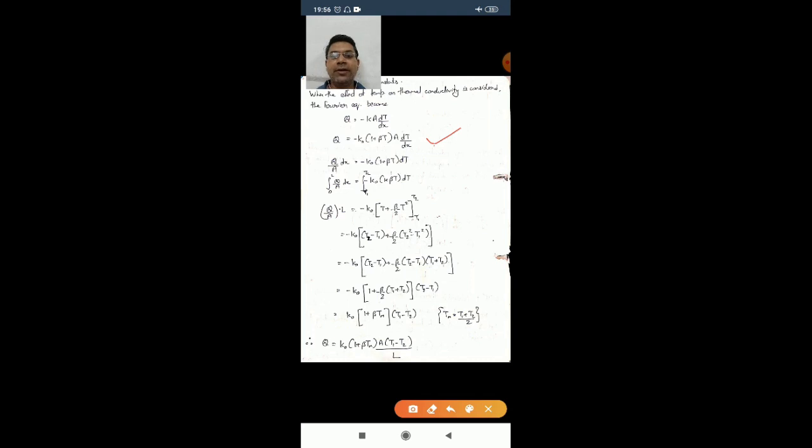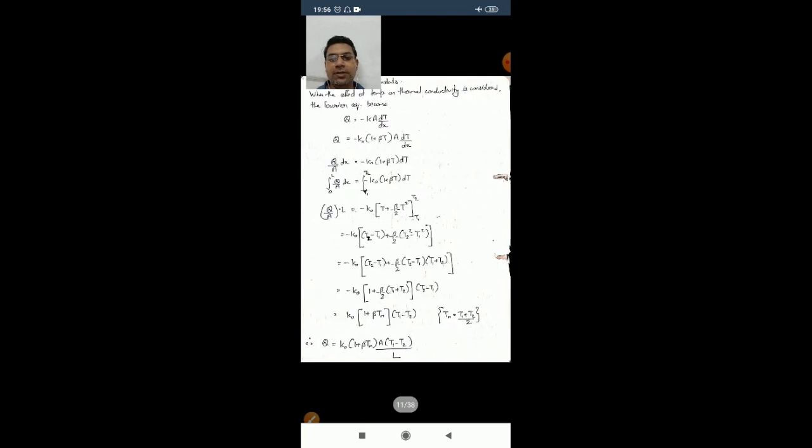Now determining the rate of heat transfer after taking the integration limit to be T1 to T2, the net rate of heat transfer, after integration and putting the limits, will come to K naught (1 plus beta Tm). So a case of simple integration.